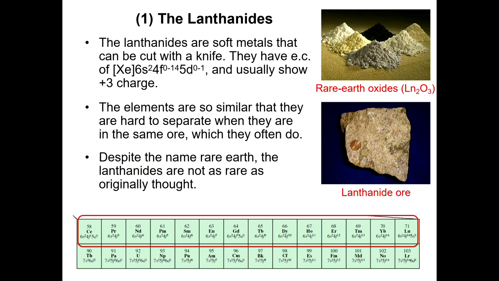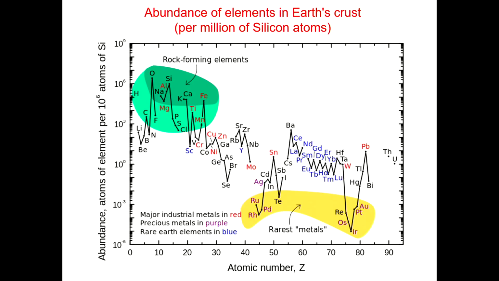So their chemical and physical properties are also very similar. At first, people also called them rare earth elements, because at first people thought they were very rare in the Earth. But in fact, they are not so rare.